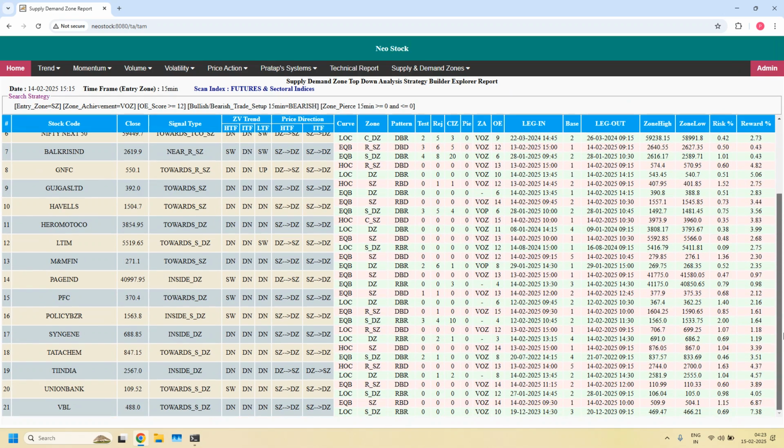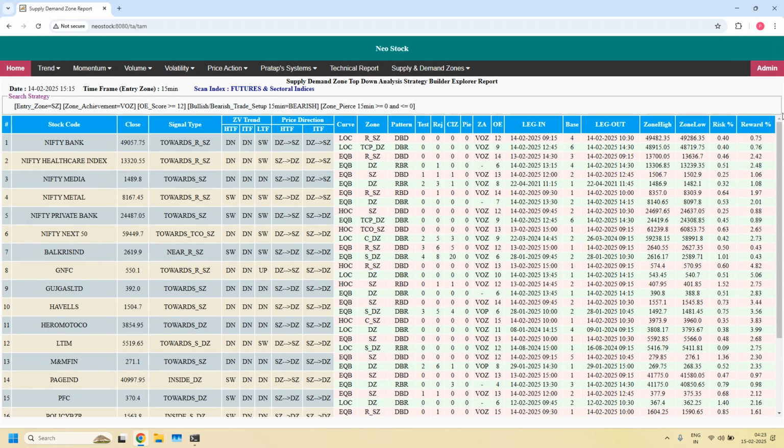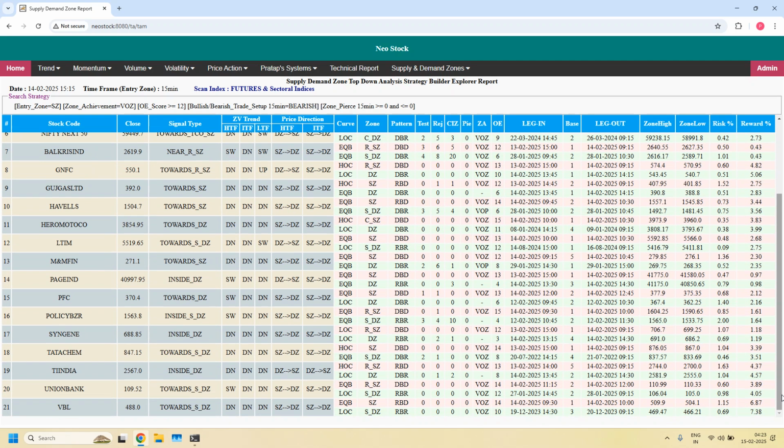We got 21 stocks. First 15 stocks in the list. I am scrolling the list down. So all these 21 stocks are supporting bearish trade setup for daily income trade, and entry time frame zones are 15 minute supply zones.